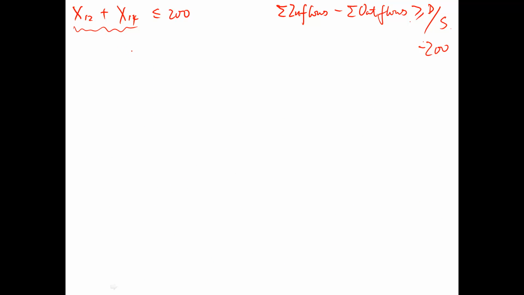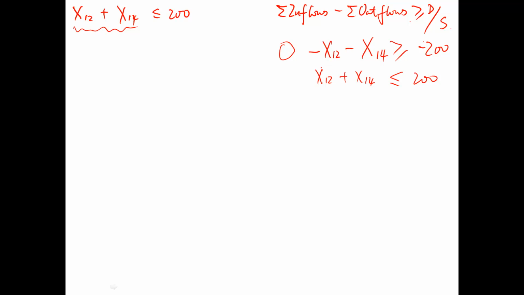So if I want to change to this format, it should be subtract, because now there are no inflows, inflows are 0. Isn't that the same as this one? If we multiply a negative sign on both sides, it will be this, and the sign will change direction, which is exactly the same, right?